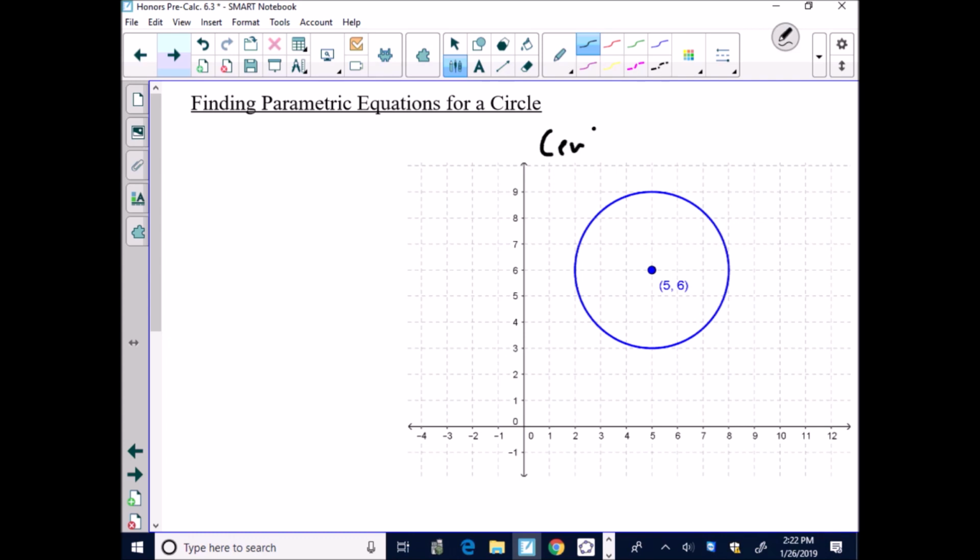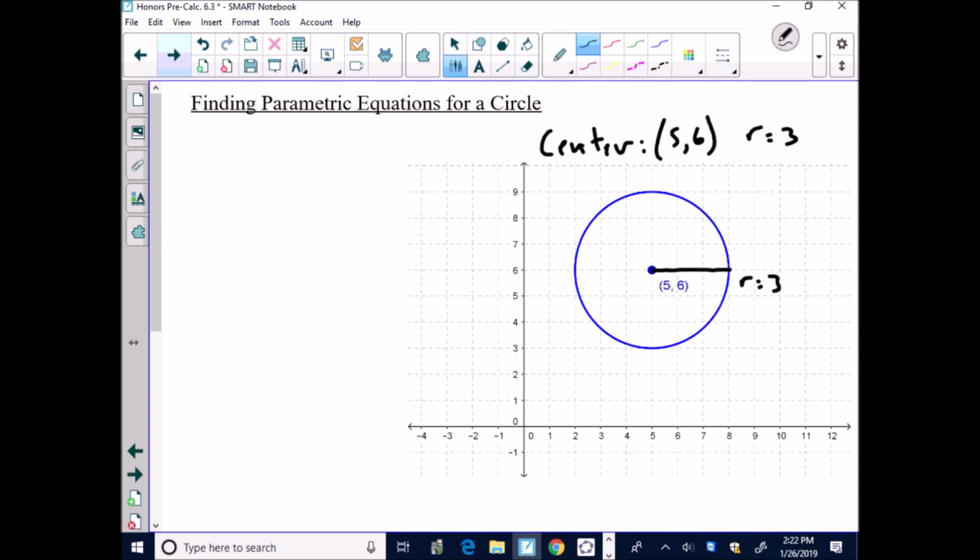Our center for our circle is the ordered pair (5, 6), and of course the radius. We can see our radius here as being a length of 3. So we can say our radius is r = 3.